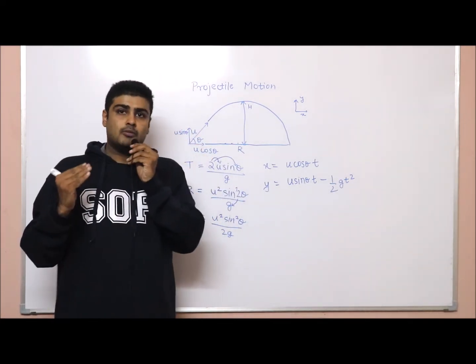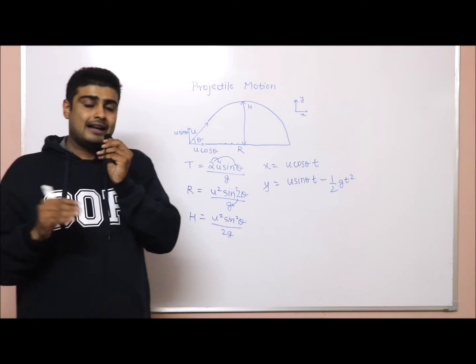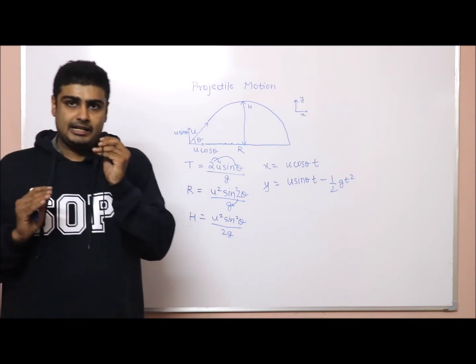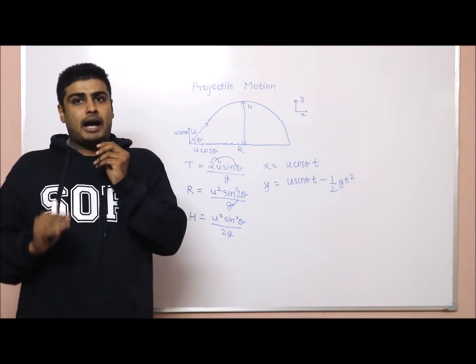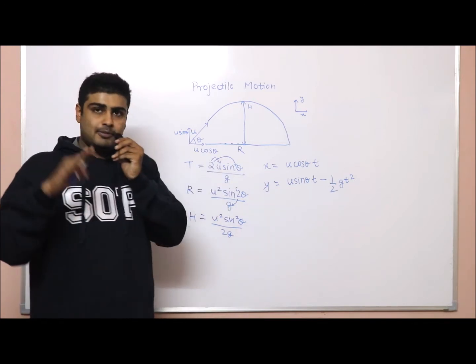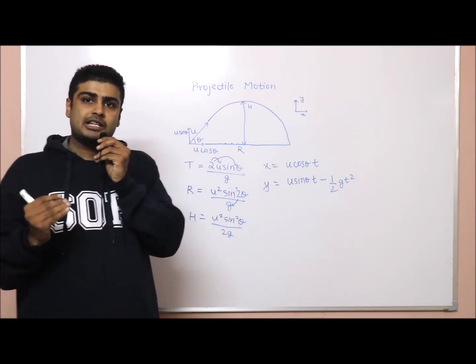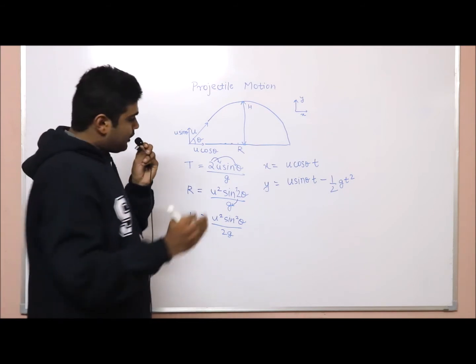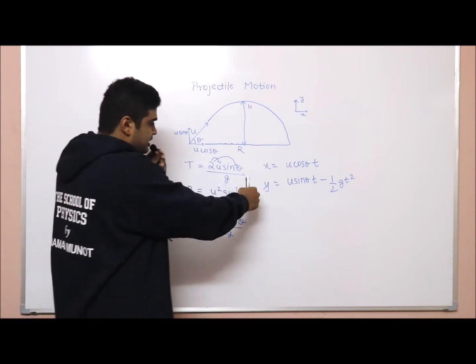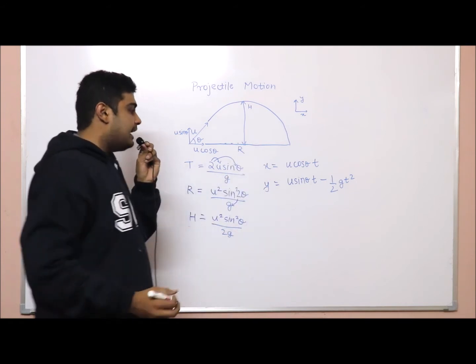Now the next formula is a very important one, and most people waste their time in the main exam by doing it from the basic equations of motion, when a very direct question will appear based on this formula, which is the relation between y and x.